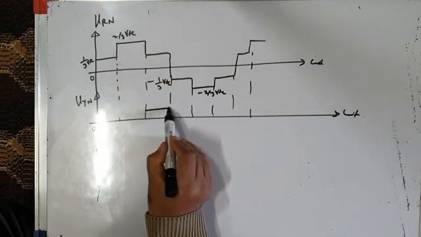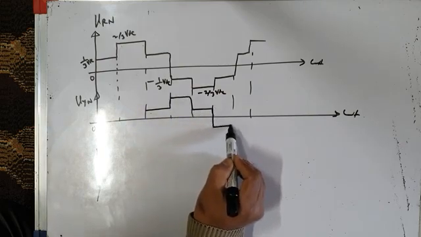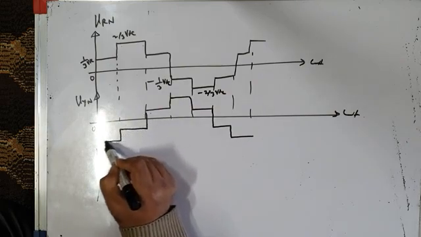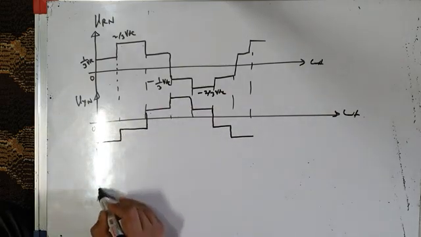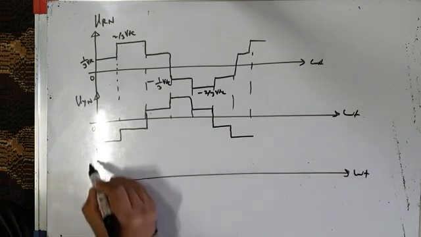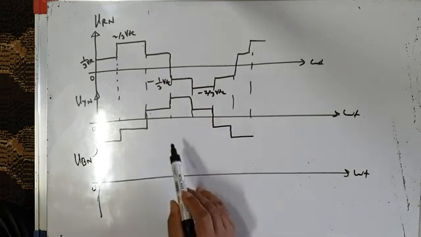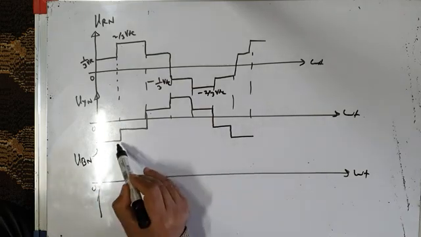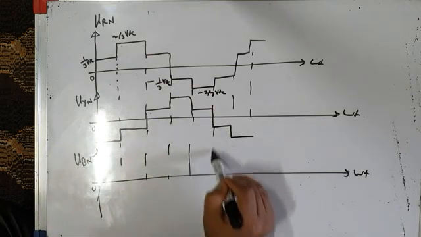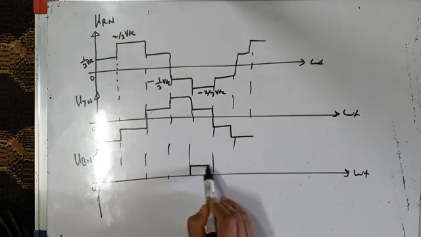So it will start from here, and it will follow the same pattern. This is my phase voltage VYN. And then phase voltage VBN. It will start after another 120 degrees. Let me draw these projections. See, 60 plus 60, 120 degrees, that means it will start from here.